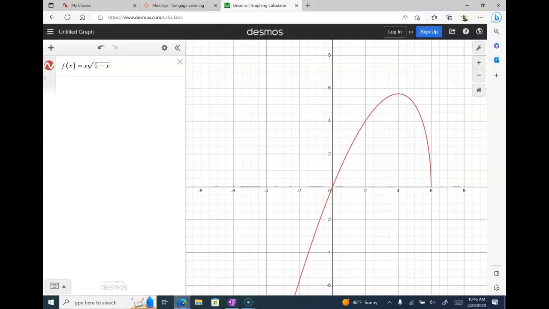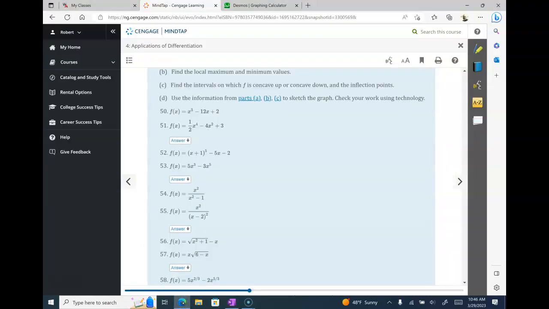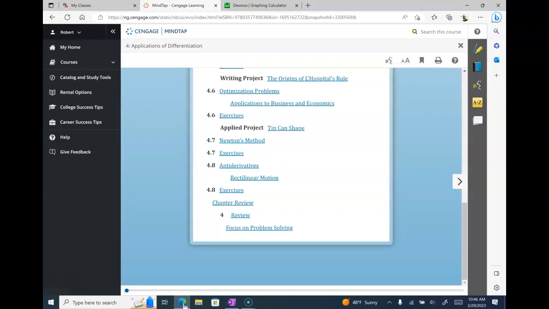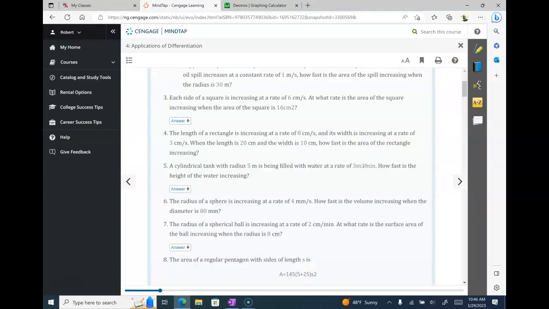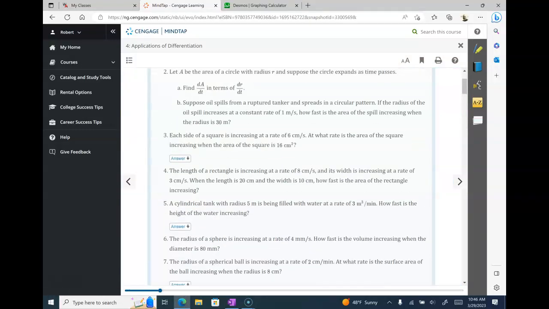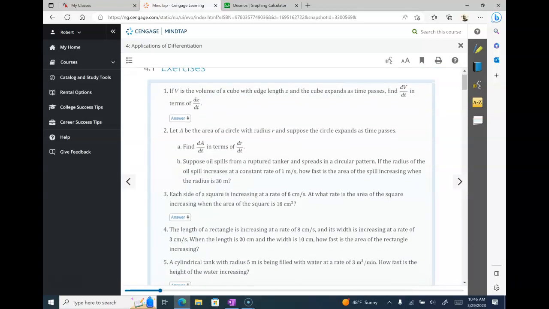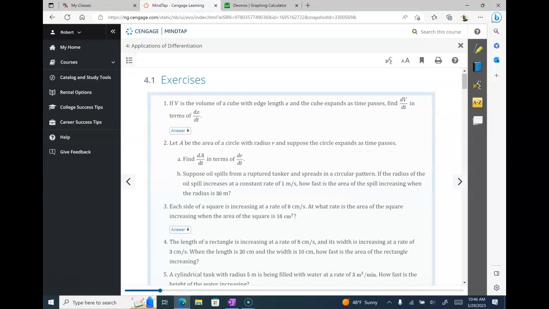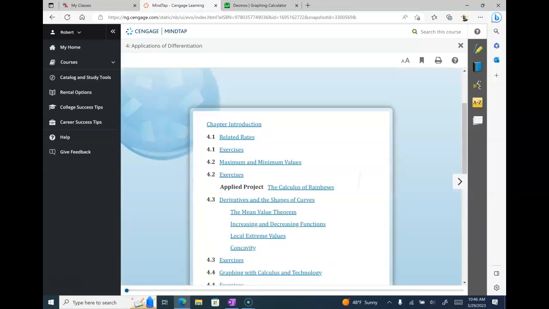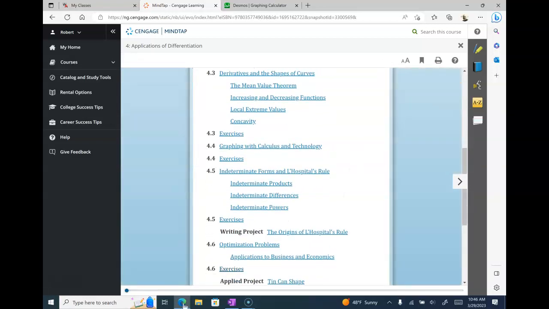So we can take a look at the book right away for an XY problem. I have a step-by-step, but I want to do a couple problems before I write the step-by-step out, okay? So 4.6 exercises.